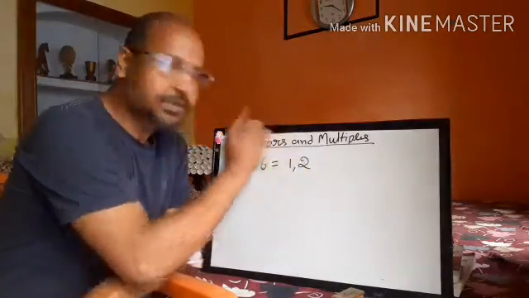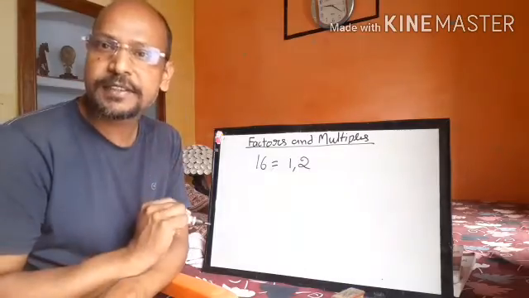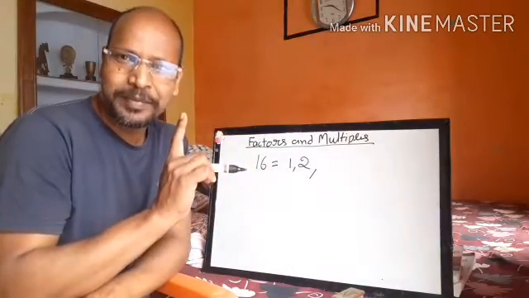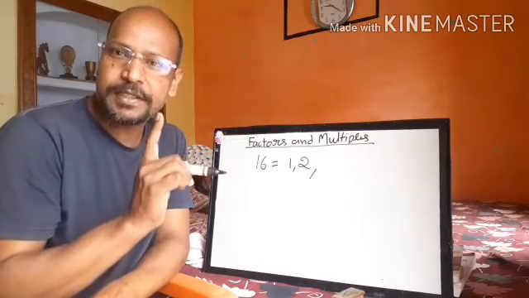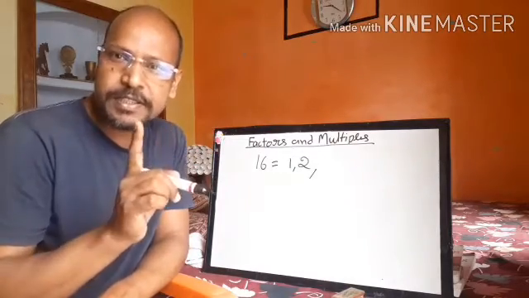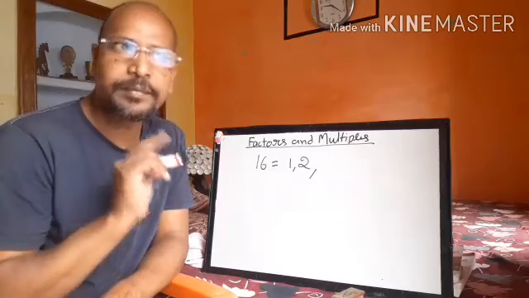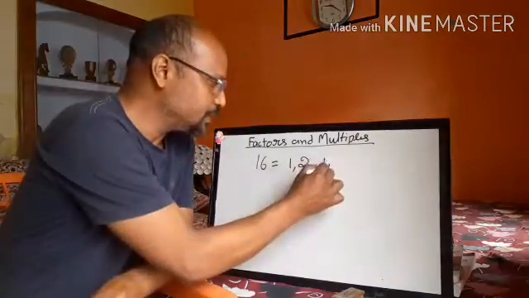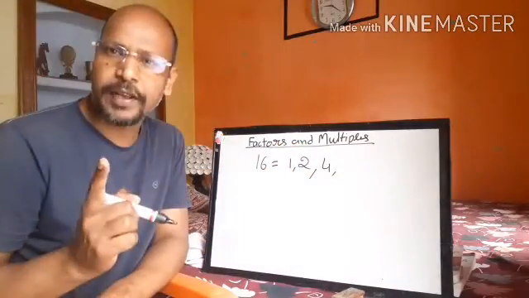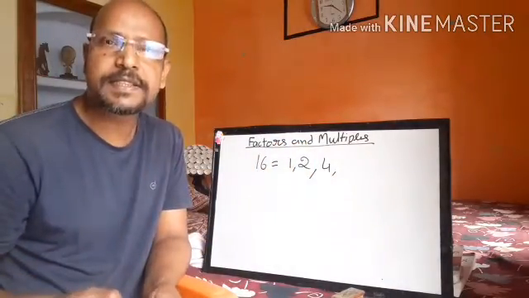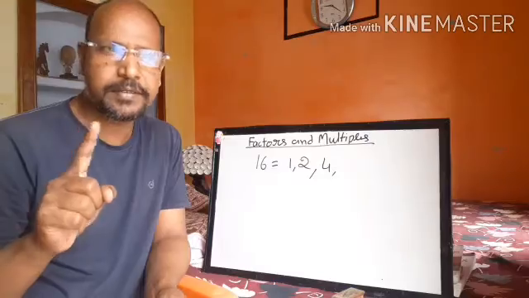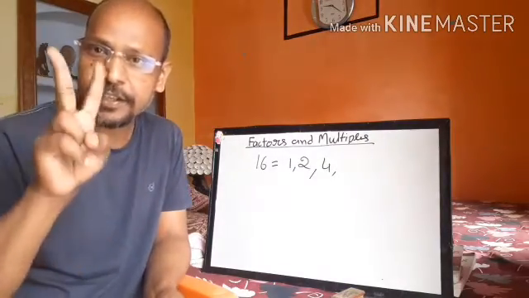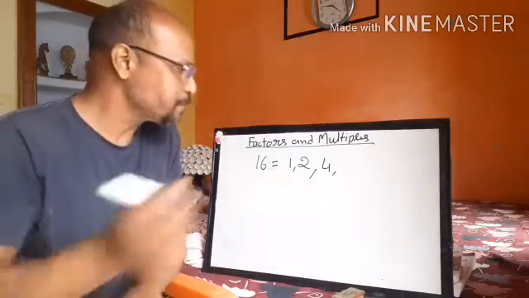It is divisible by 2. 2 8s are 16. 3, no. 16 does not come in the table of 3. So 16 is not divisible by 3. 4, yes. 4 4s are 16. So it is divisible by 4. 5 no. 6 no. 7 no. 8 yes. 8 2s are 16.